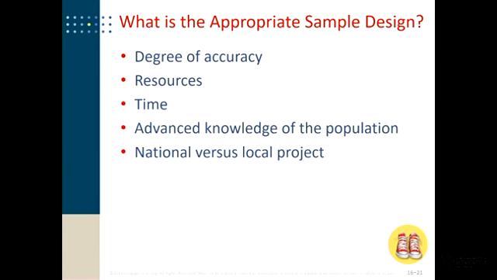National versus local project. So what is the extent, how big is your research project? For example, let's say you are doing your master's and you will be doing a master's thesis. Now, will it be suitable to carry out a nationwide survey when you are doing a master's thesis?